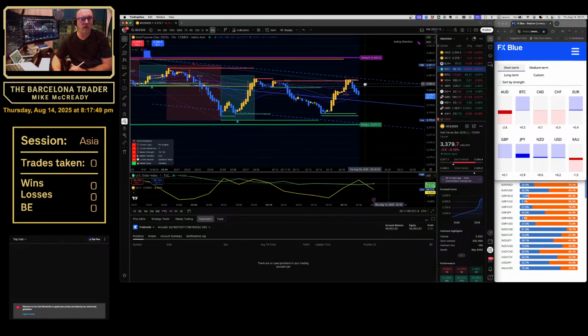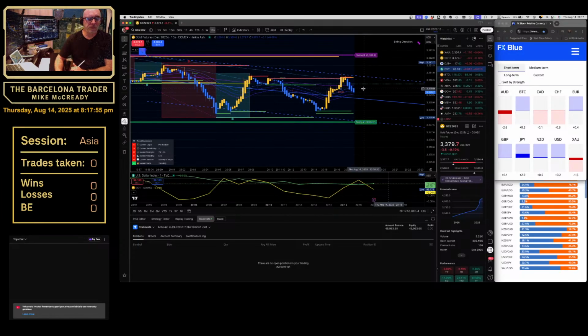And the same goes for up top, whatever's going to happen here. So I want price to be in a certain spot on the chart, but then I want it to be moving in a certain way.